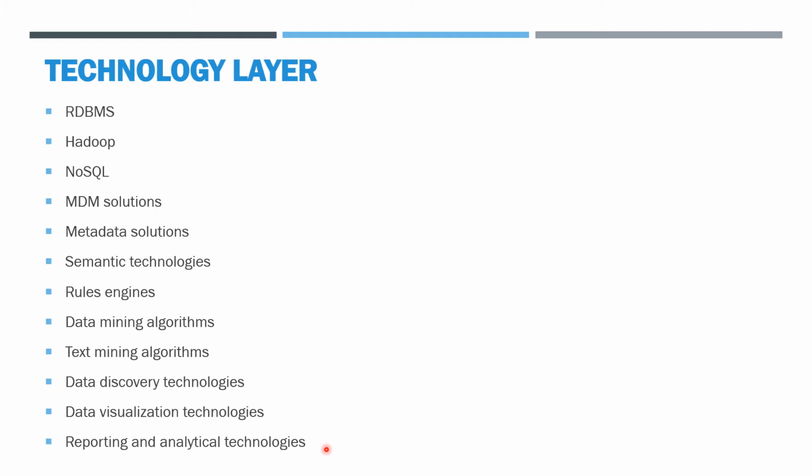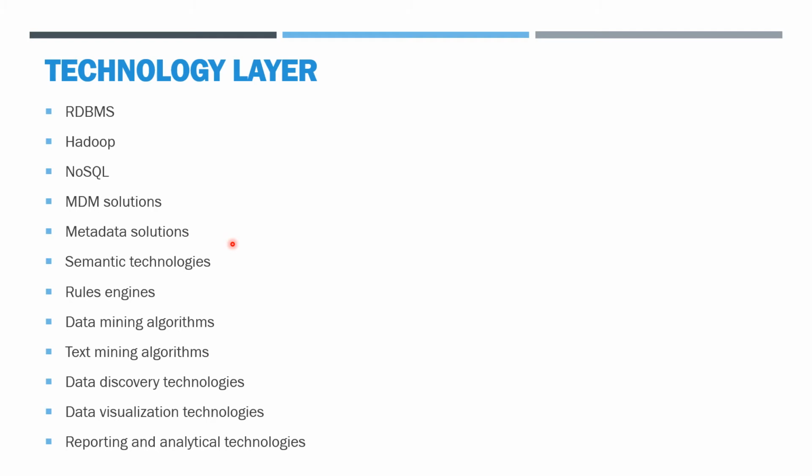Then these technologies will present significant integration challenges in building the foundational architecture for the next generation data warehouse from a solution architecture point of view. Each of these technologies listed here has its own specific performance, scalability, strengths and limitations and everything.